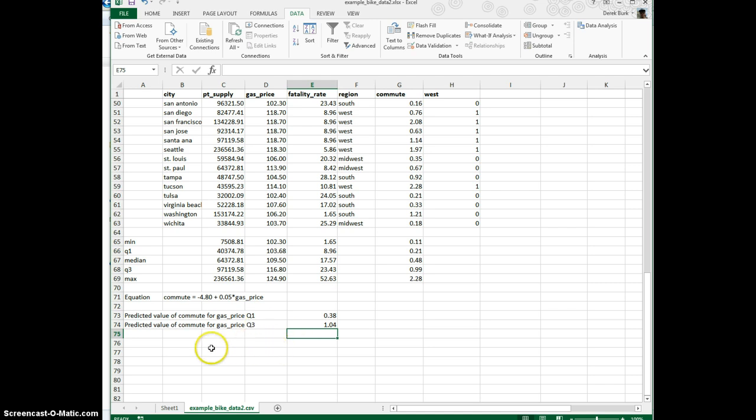So in that sense, these results suggest that gas price is an important predictor of commute percentage. And again, it's subjective, but you just kind of have to be able to think about those things, and it relies on a little bit of substantive knowledge of the topic that you're studying, that your data is about.